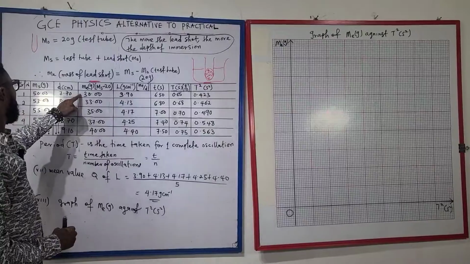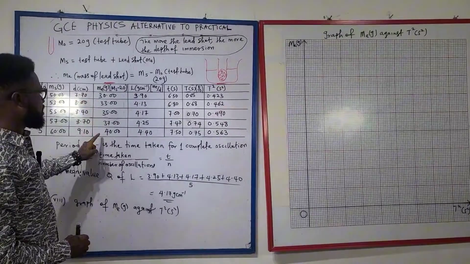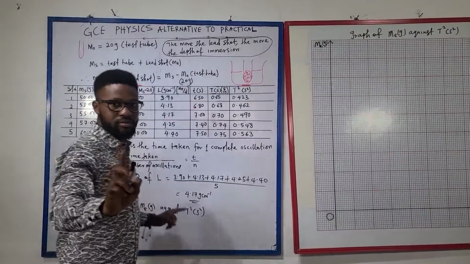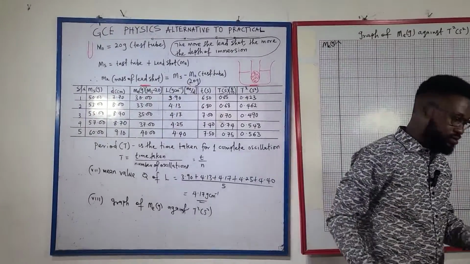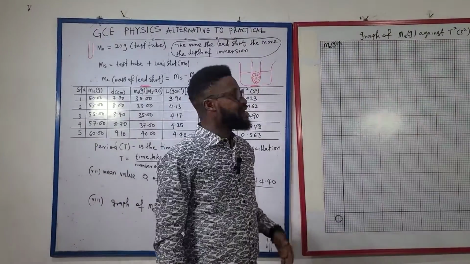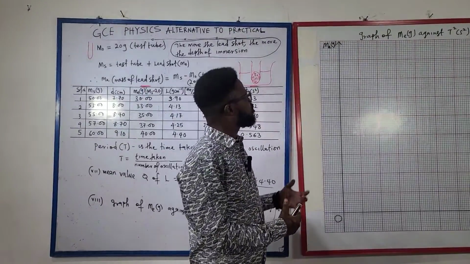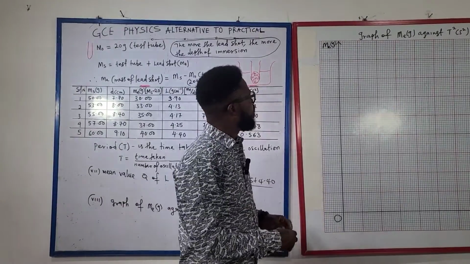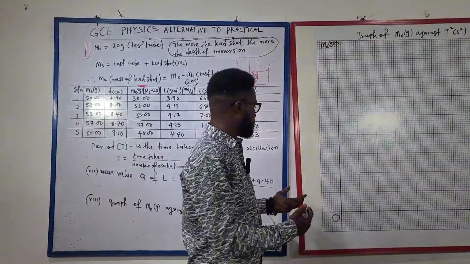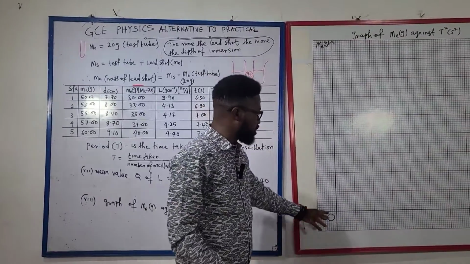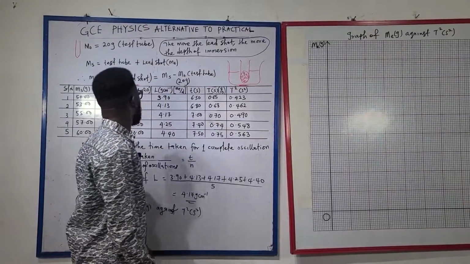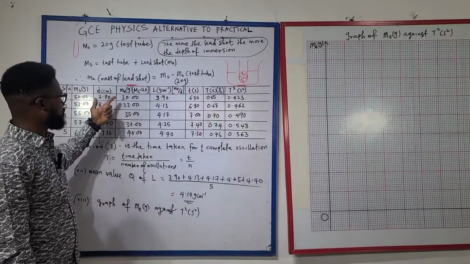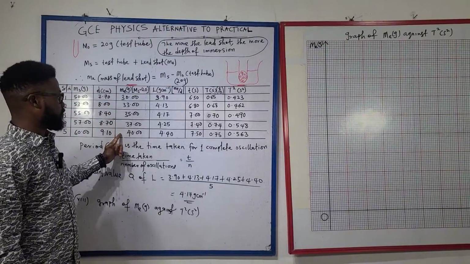The smallest figure for my ME is 30 and the largest is 40. Of course, it's a lot easier when you're plotting with your pencil as against when you're plotting with a marker. But regardless, I'll be starting both graphs from the zero origin. So let's look at the values for my ME, the mass of the lead shot. I have 30 gram, and that's the smallest, and the largest is of course 40 grams.